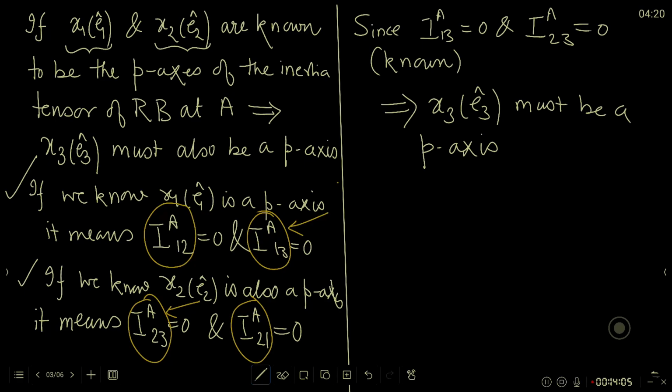Alright, so knowing two principal axes at a point is enough to know the third p axis also. On its own, you get that for free if you are aware of the first two p axis. The third p axis is automatically known. Keep this in mind.